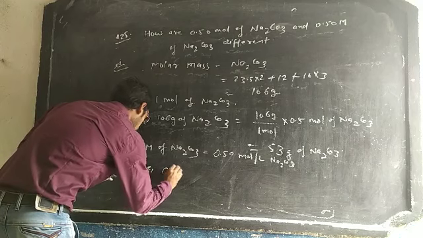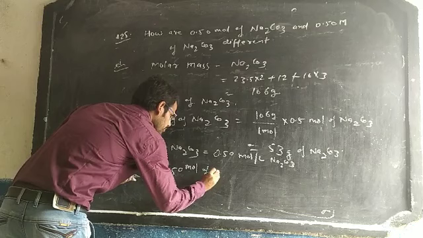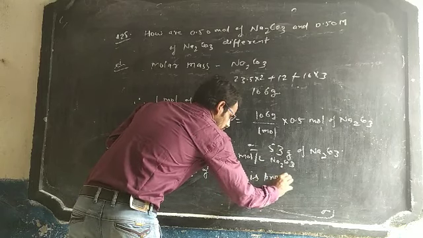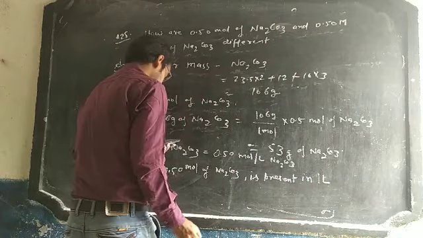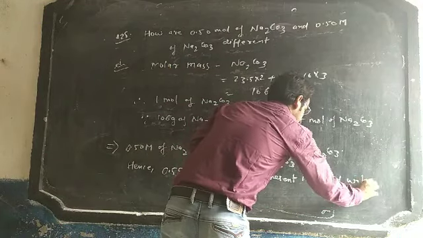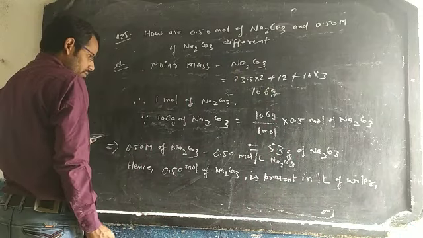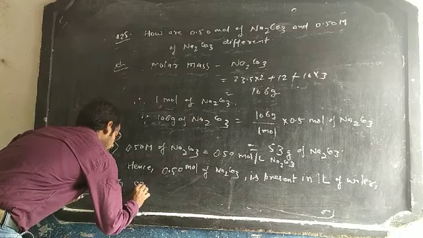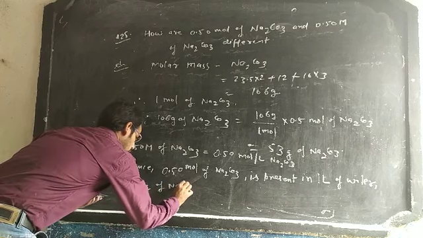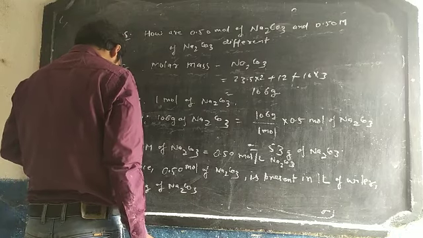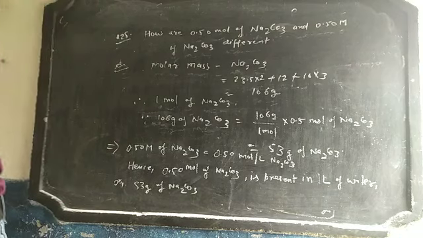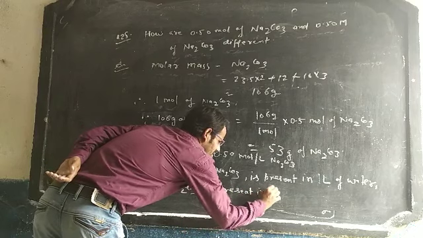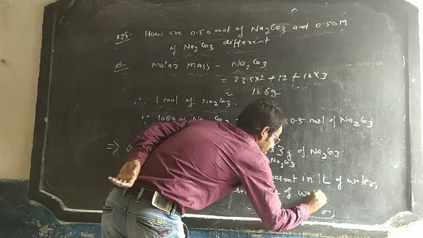Hence 0.50 mole of Na2CO3 is present in 1 liter of water, or 53 gram of Na2CO3 is present in 1 liter of water.